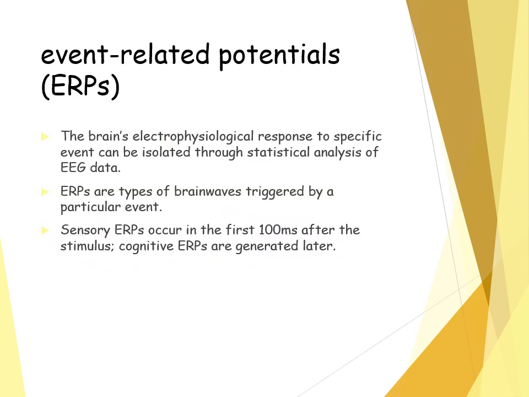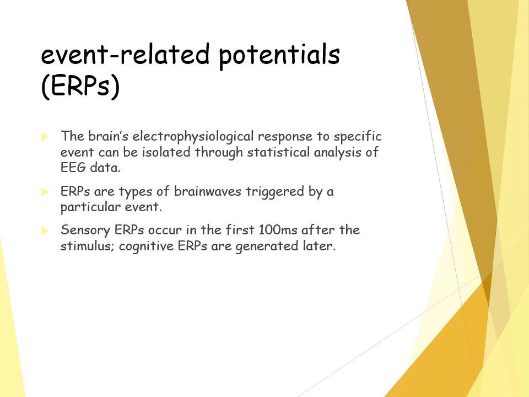ERPs, event-related potentials, so this is using the data from the EEGs and you're isolating a specific event. So the ERPs are a type of brainwave triggered by a particular event, so you're looking at that data, but the difference is that ERPs are in response to a stimulus.